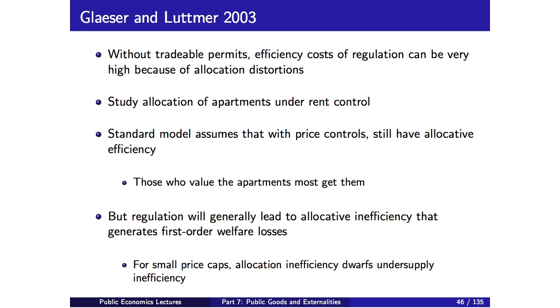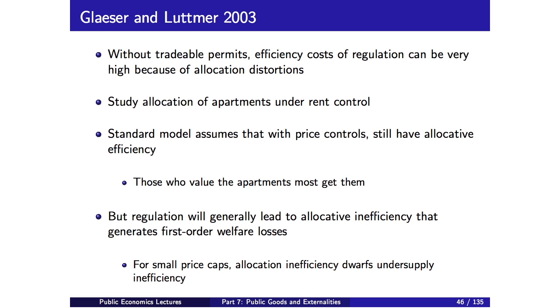And usually what we assume when we calculate the efficiency cost of that policy is that the people who value the apartments the most end up getting the apartments, okay? So the apartments get allocated correctly, but you get an efficiency cost because you're not at the efficient quantity level, okay? That's what generates the efficiency cost in the standard model.